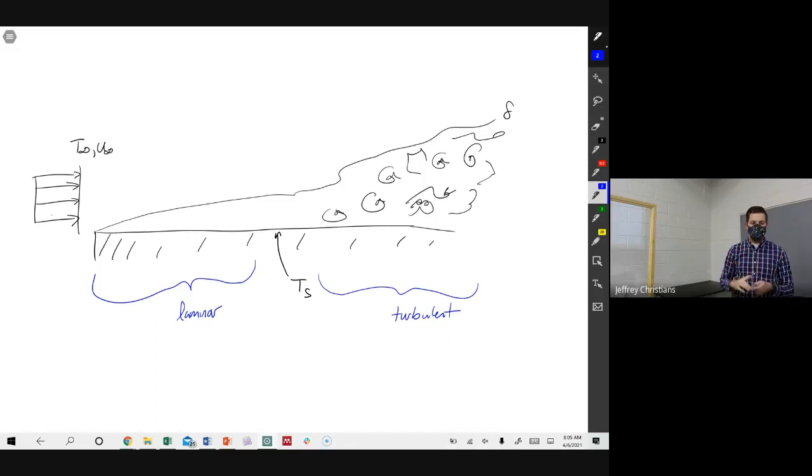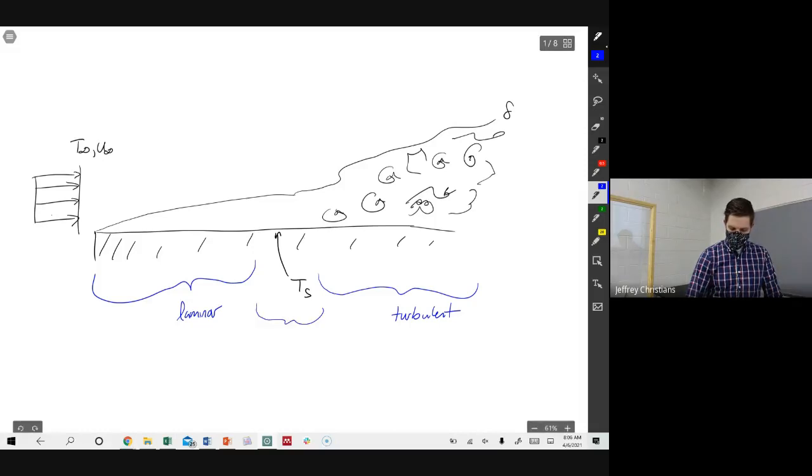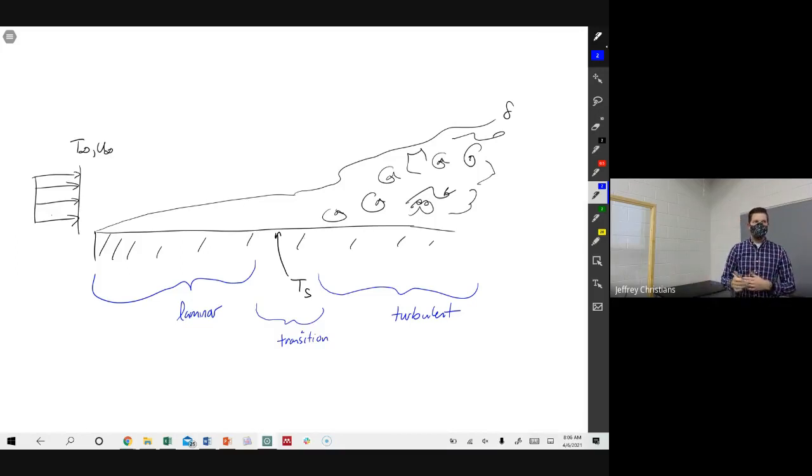And then there's going to be some region here in the middle, which is the transition between the two, where sometimes we start to get some of these mixing things, but we're not totally there yet.